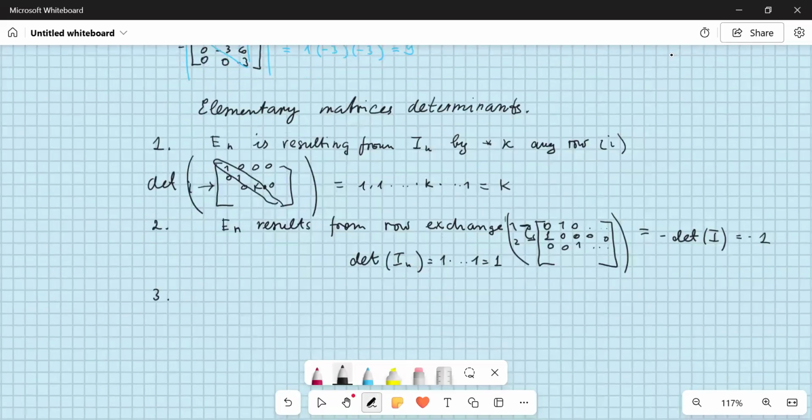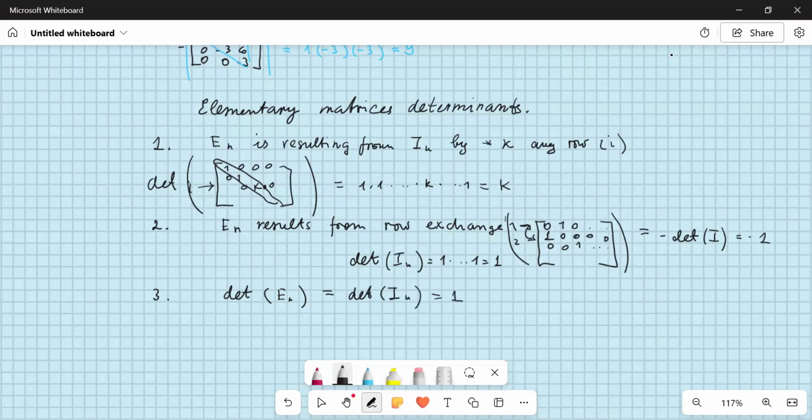And the last elementary matrix, well, the determinant of the last one, which is addition of another row. Remember that when we add another row, nothing changes for the determinant. So it's going to be just equal to the determinant of the original identity matrix, which is equal to 1.